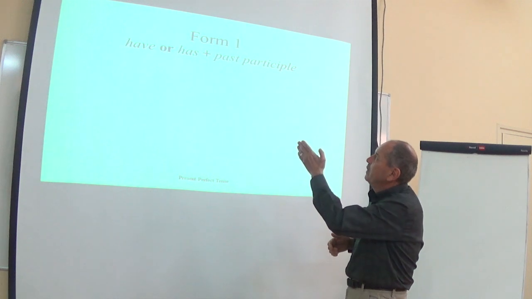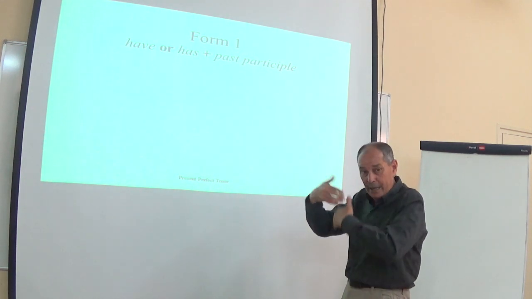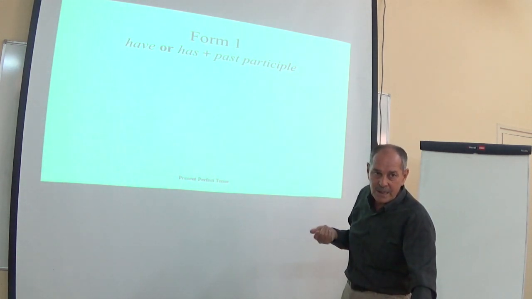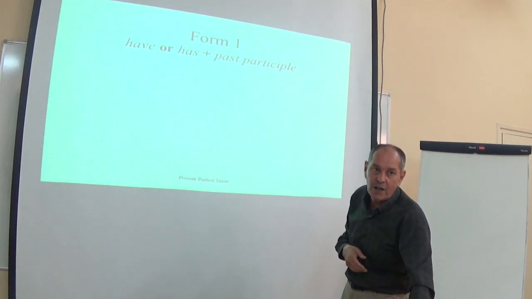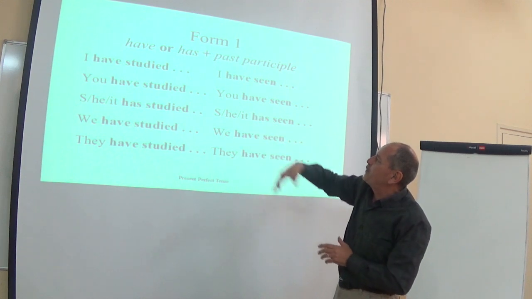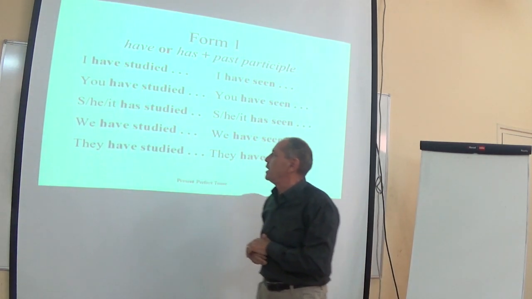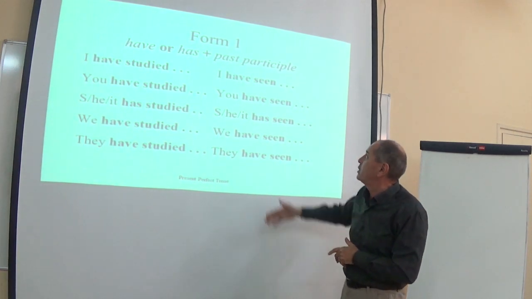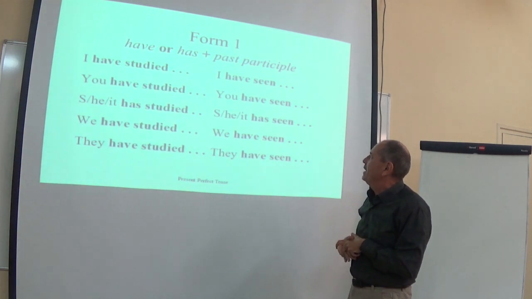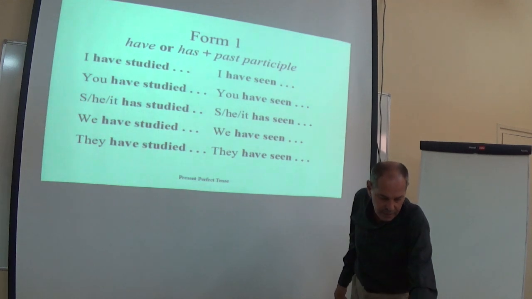Right. So you have either have or has with he, she, it, third person singular, again the problem of S, plus the past participle: with regular verbs, ed; with irregular verbs, you have to check your list. You say, I have studied, you have studied, he, she has studied, we have studied, they have studied. With irregular forms, I have seen, you have seen, he, she, it has seen, we have seen, they have seen.